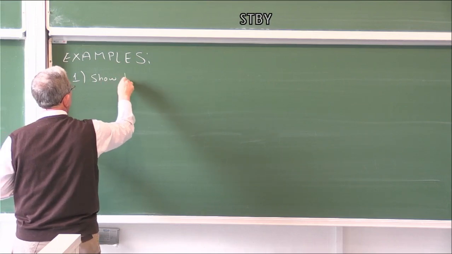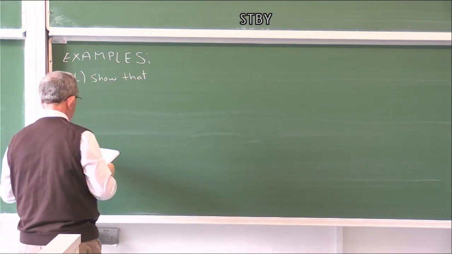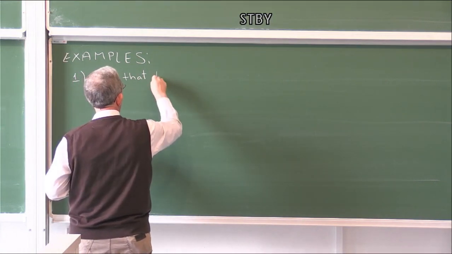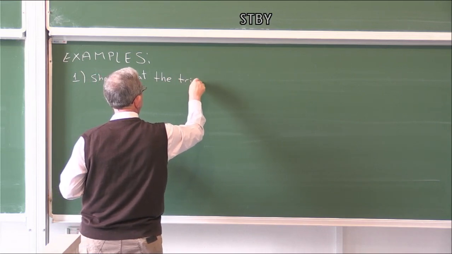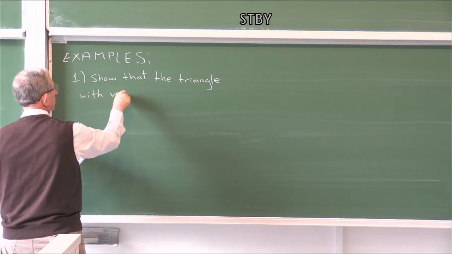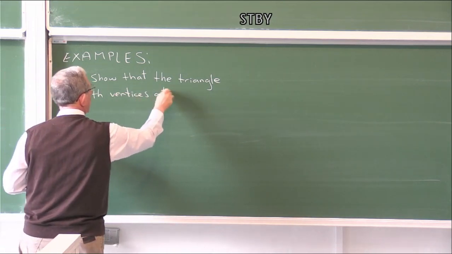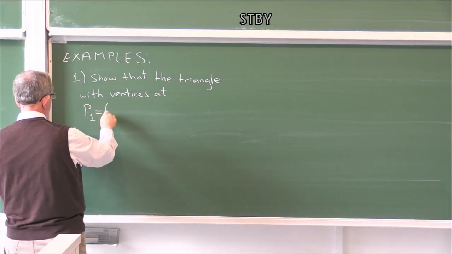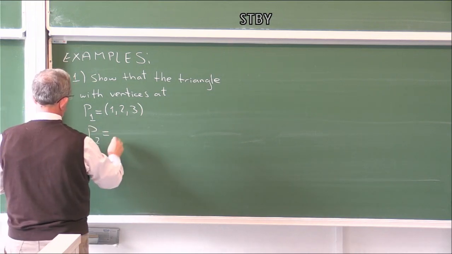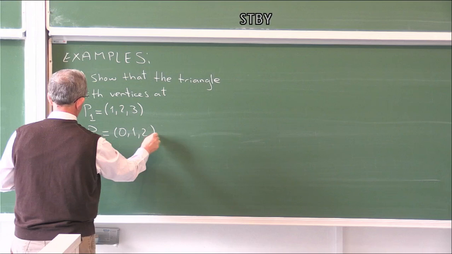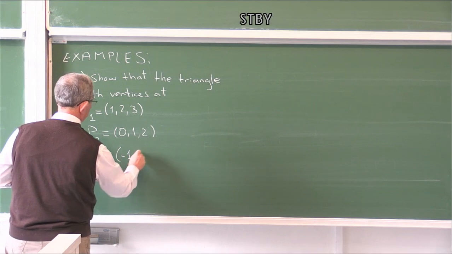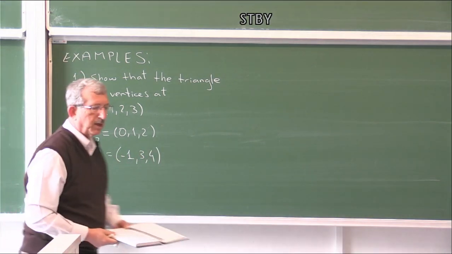Let us show that the triangle with vertices at the points P1, that is 1, 2, 3, P2, that is 0, 1, 2, and P3, that is minus 1, 3, 4, is a right triangle.